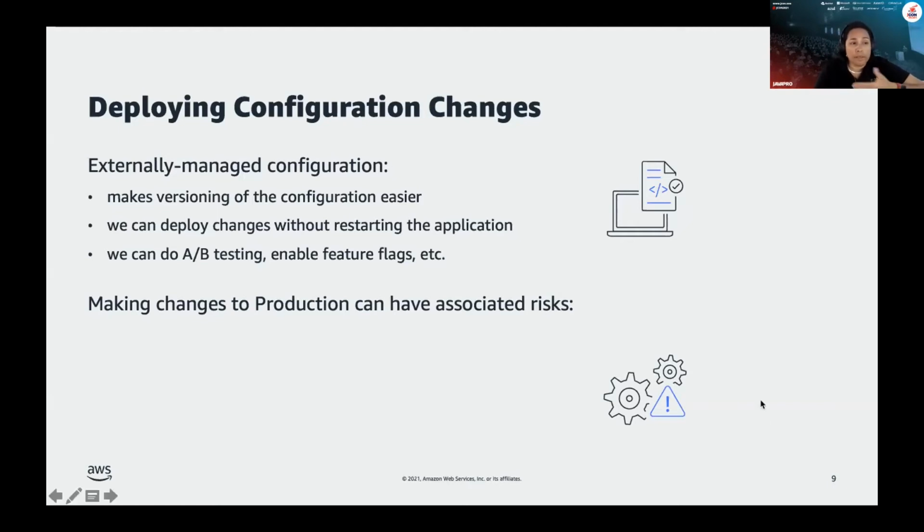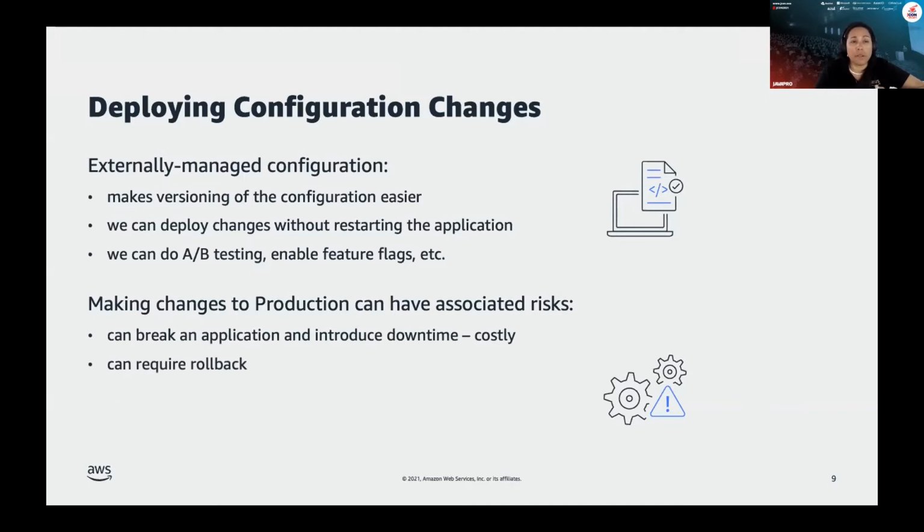We could, for example, put out application configuration that is broken, that is not valid, and that can break our applications and introduce downtime, which is of course costly for a number of reasons. That can mean that we might have to roll back that application configuration that we just rolled out and revert to the previous configuration version. So in principle, we should be careful with our configuration.